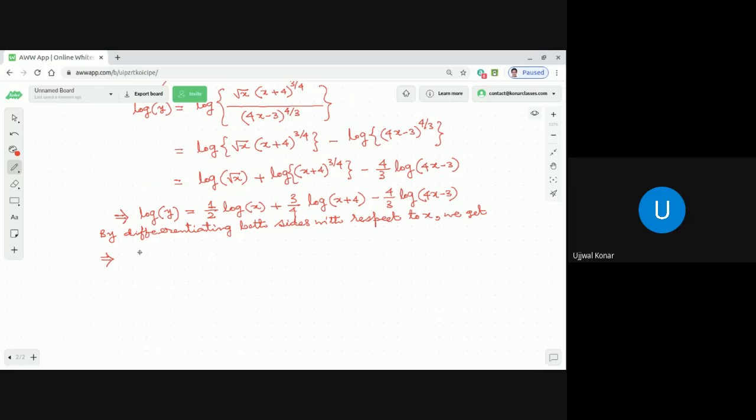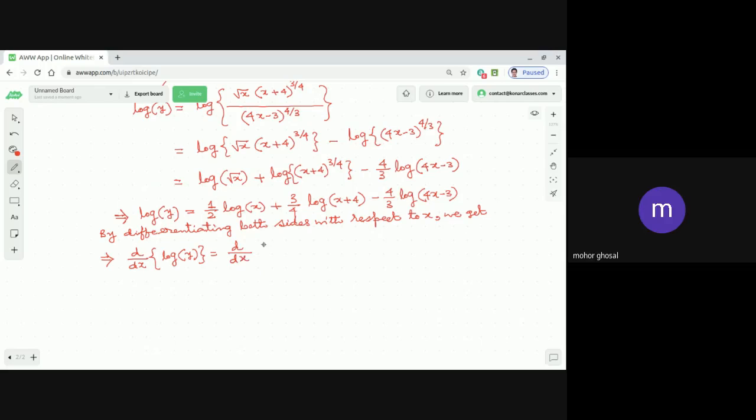I want to write one step. I can do the step jump, but better not to at this moment. d/dx of log y is equal to d/dx of half of log x, correct or not?